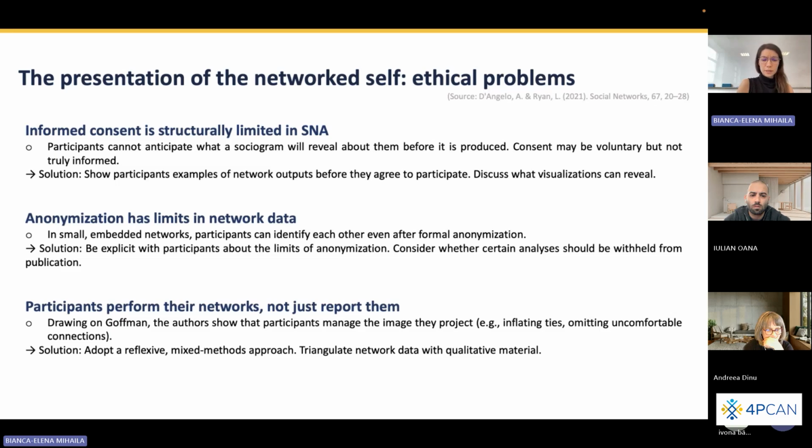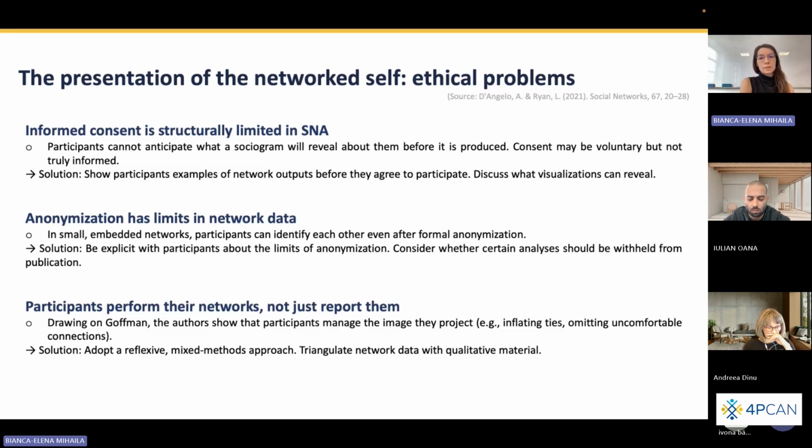In these small networks, participants can identify themselves after formal anonymization, and you should be explicit with participants about this type of limit. And of course, you should be really aware of these problems, and you have to tackle them in a very objective way to be sure that you are assuring confidentiality and anonymization.